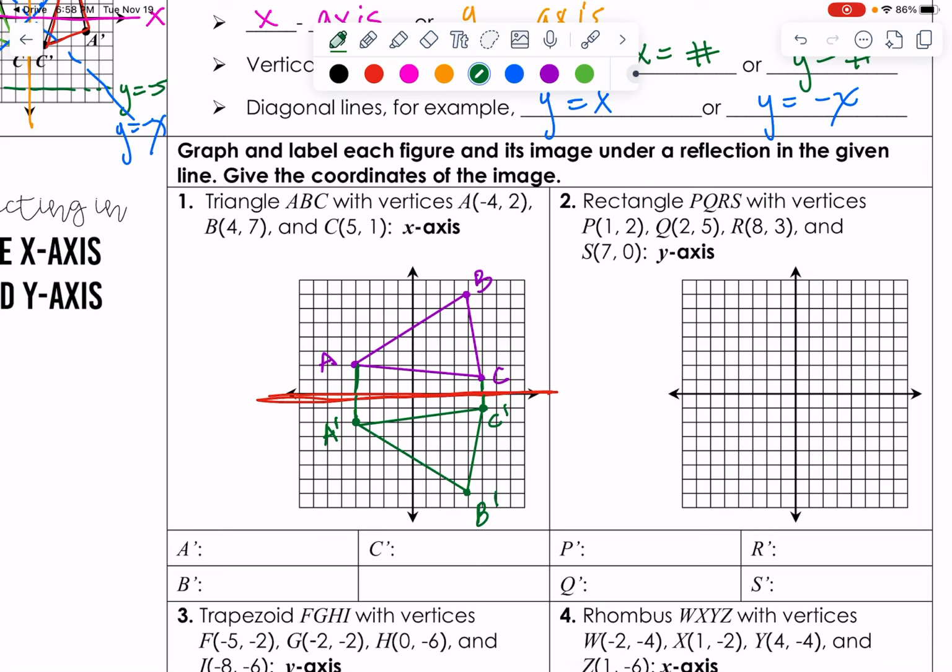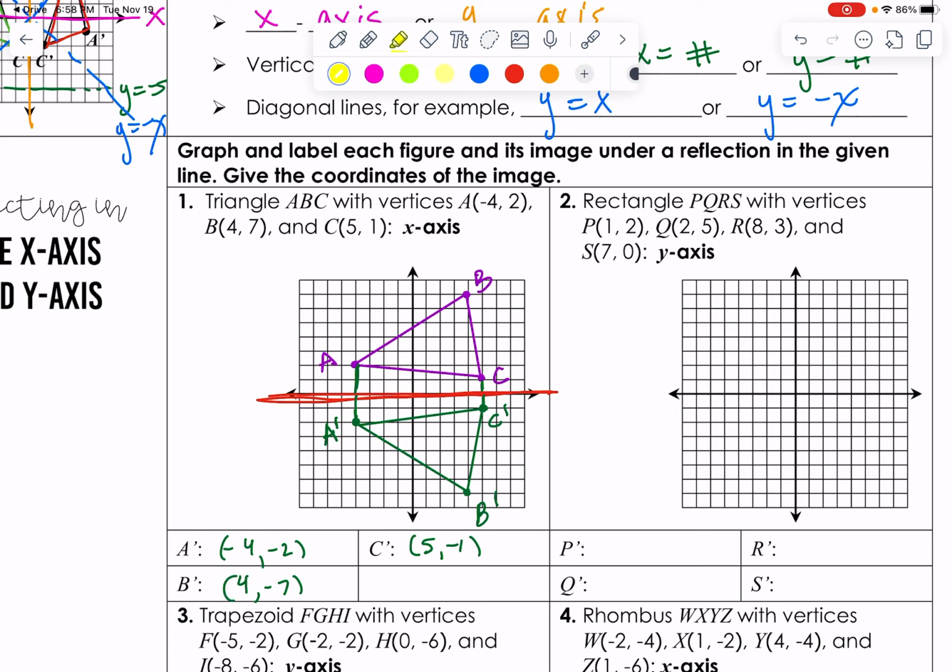We have A prime at -4, -2, C prime at 5, -1, and B prime at 4, -7.